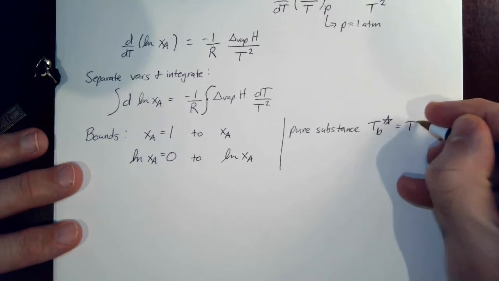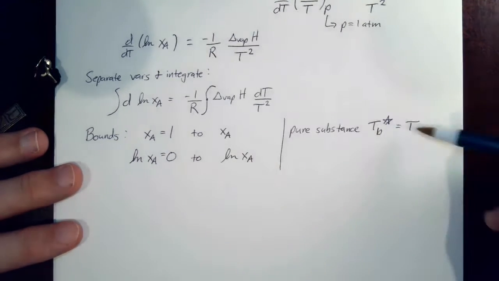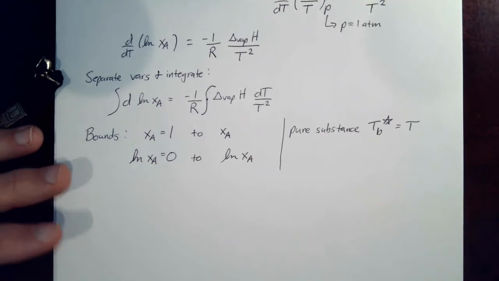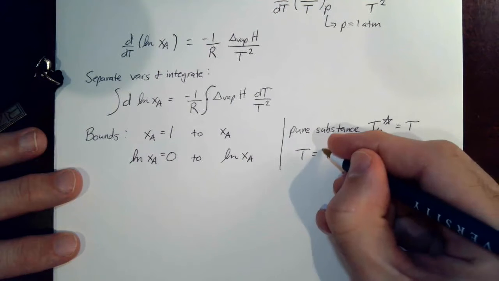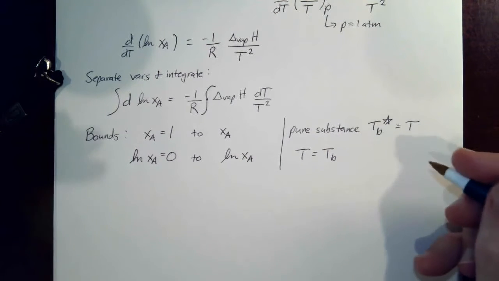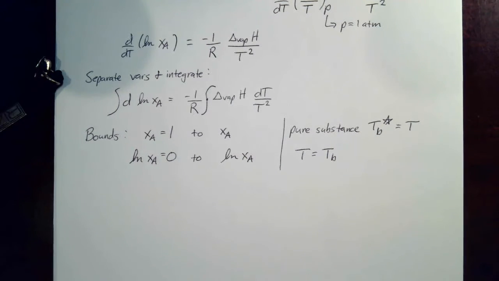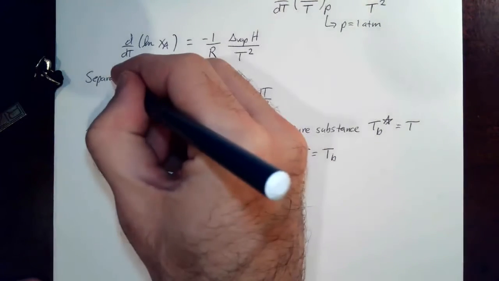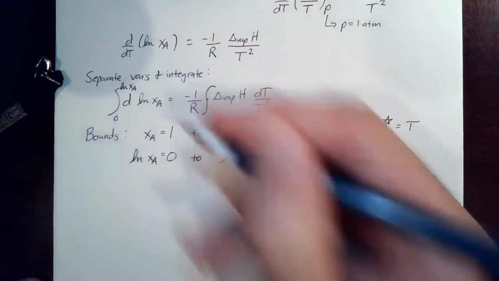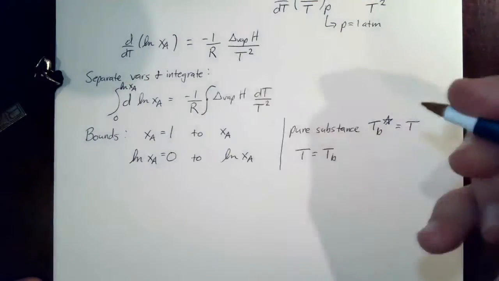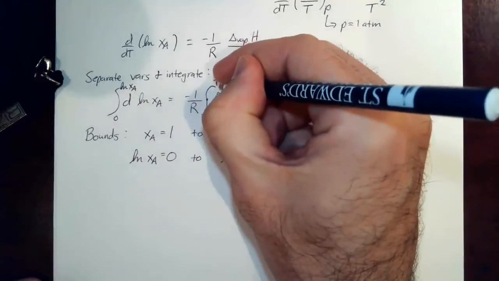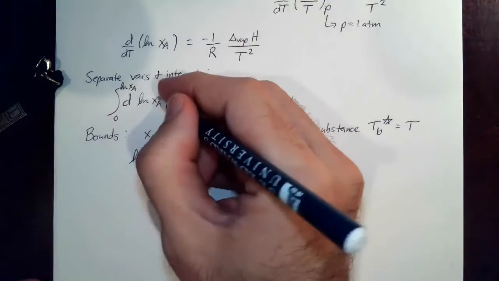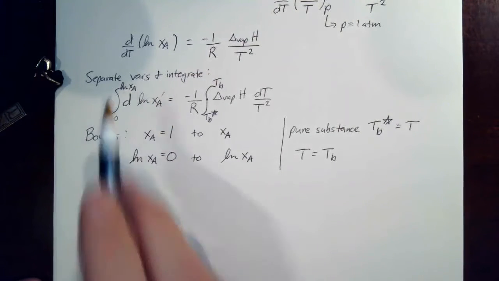So that's going to be our lower bound for T. And then our upper bound is going to be, again, some desired value. All right, so let me put these bounds on the integral. So I have 0 to ln XA over here, and I have TB star to TB over here. And I can put a prime on this XA to differentiate it from the upper bound.